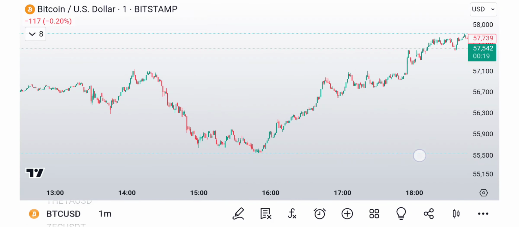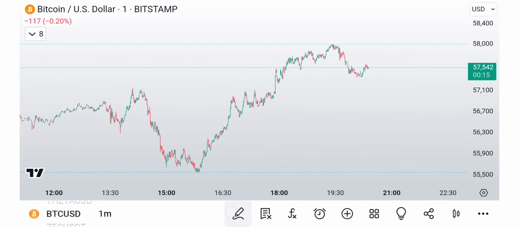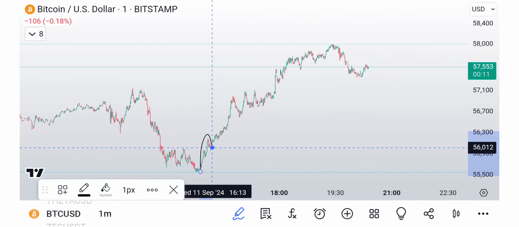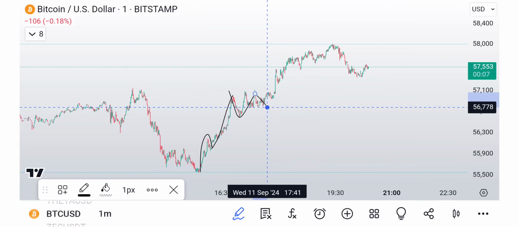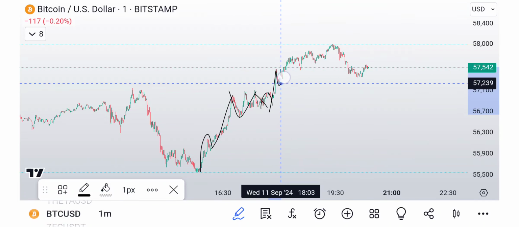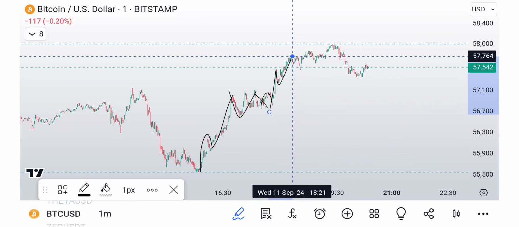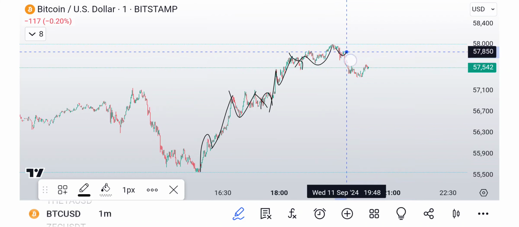If I look closely, there's not really any definition here for a first wave. You could say 1, 2, 3. We have a running flat here for wave 4. And then we have 1, 2, 3, 4, and 5 perhaps. And then we have 3 down, 3 up, and then maybe 5 down.